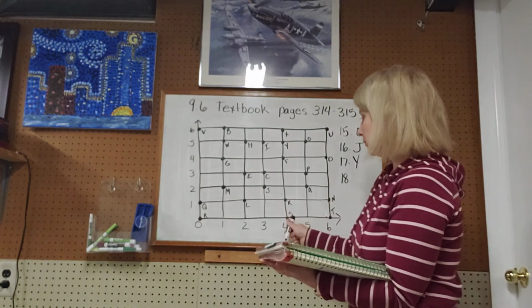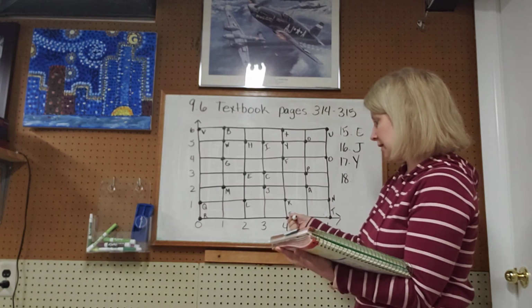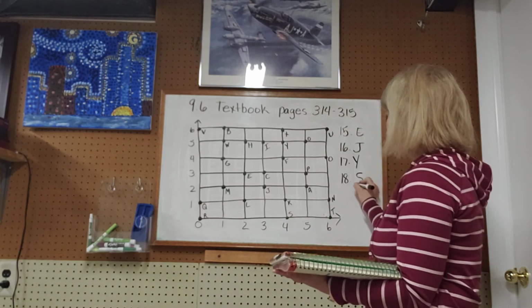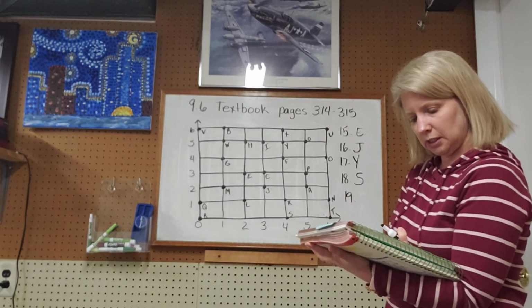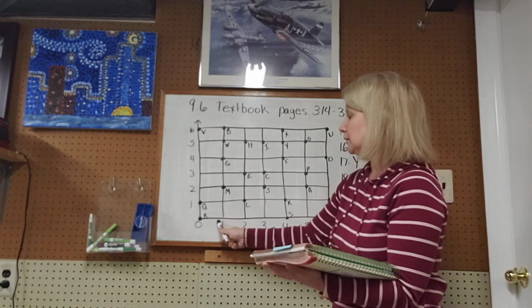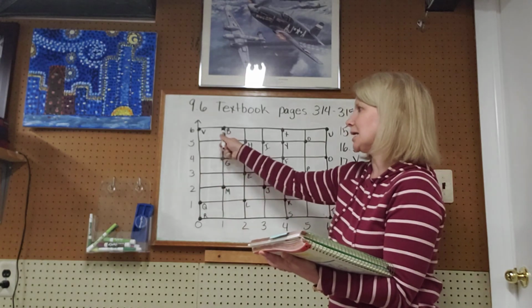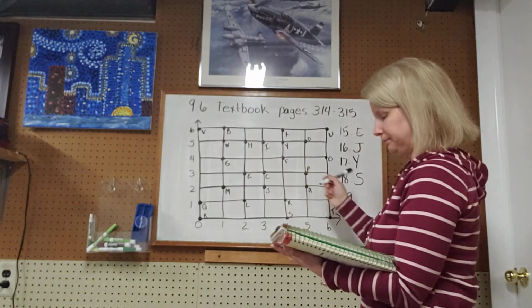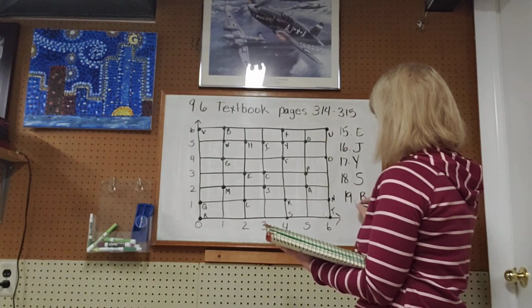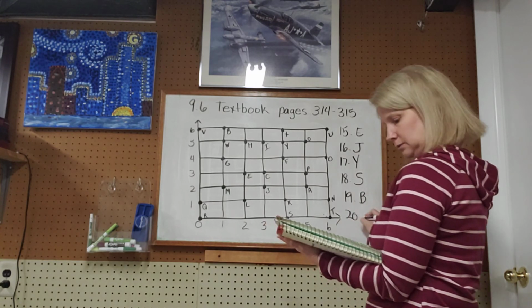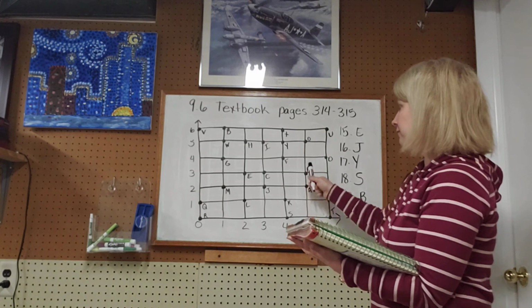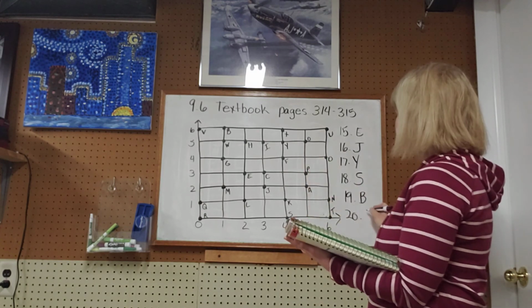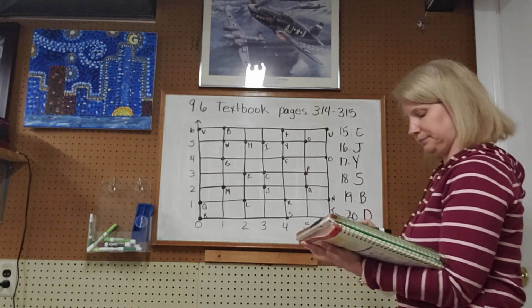Over 4, and you don't go up any. You stay right on the line, and there's S. 19. Over 1, up 6, and you should have gotten B. And 20. Over 5, and up 5, and letter D.